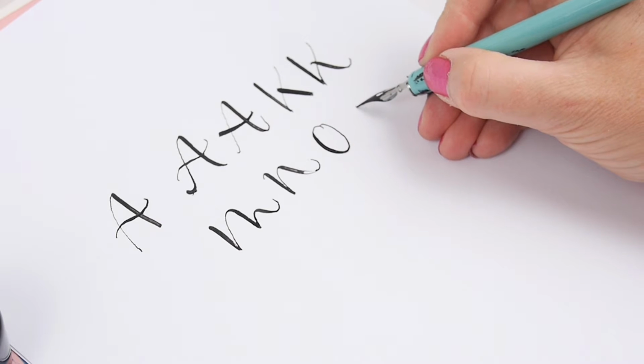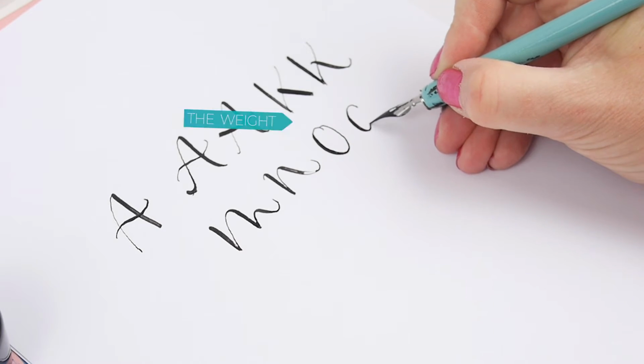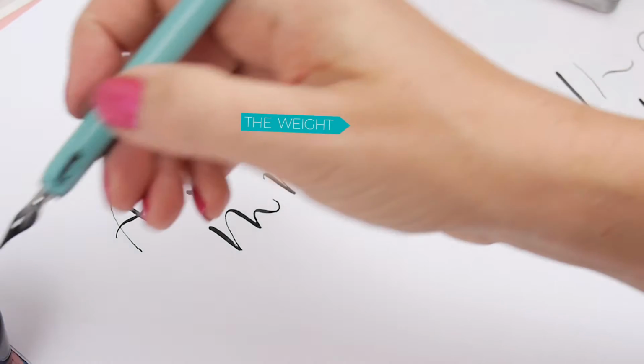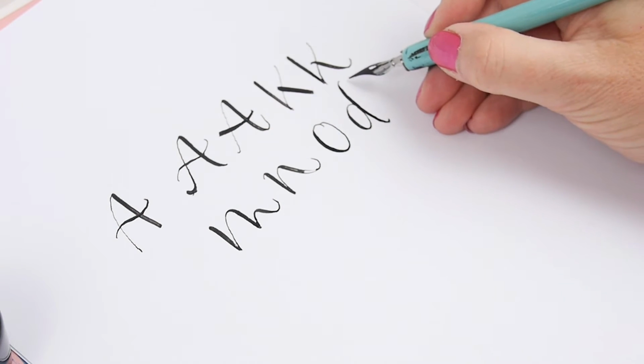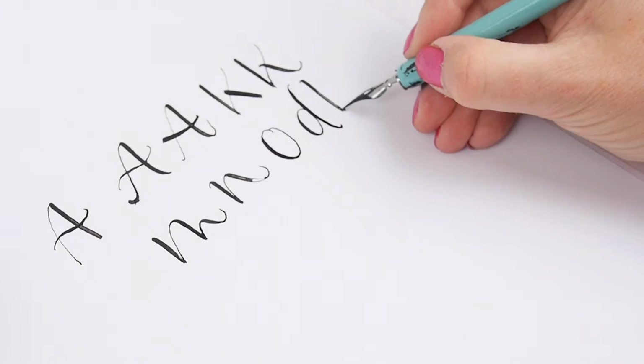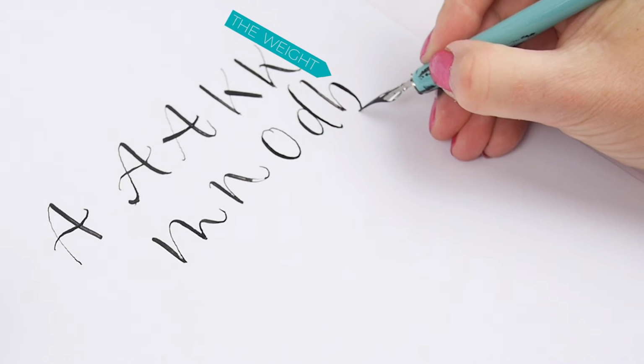Oval for a D. The weight is this side. But if it's an oval for a B, it's this side.